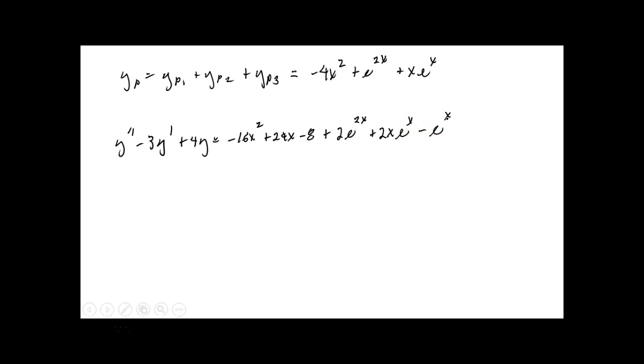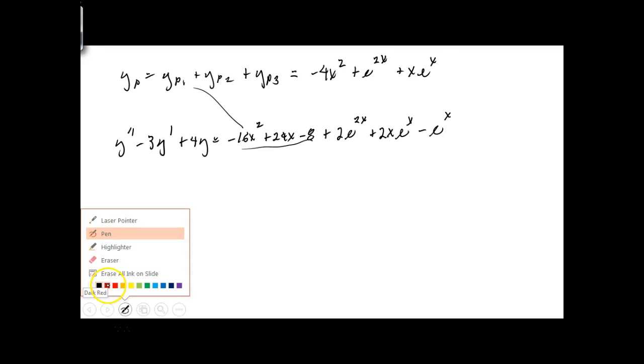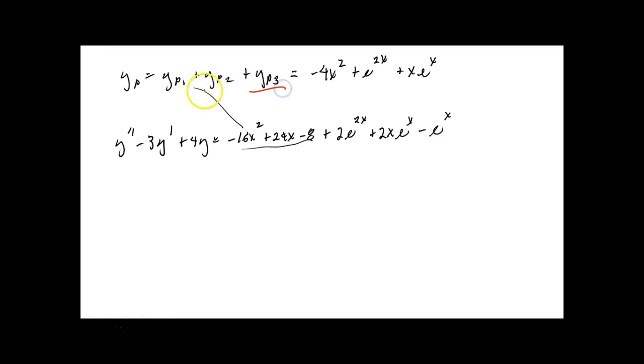Okay? Now, that differential equation, same as the other. The one that produced yp1 was this one. The one that produced yp2 was this one. Let me do this in a different color maybe. Yp2 was this one, okay? And then the one that produced yp3, let's make that orange here, that was this one, okay?